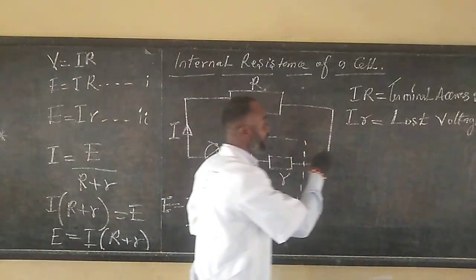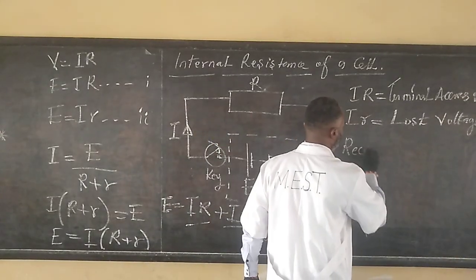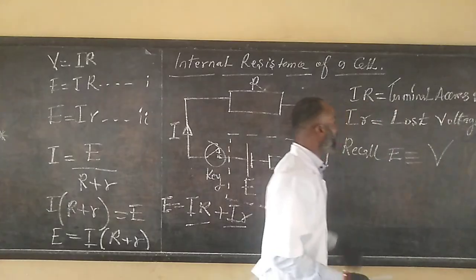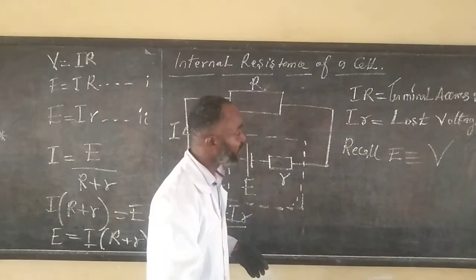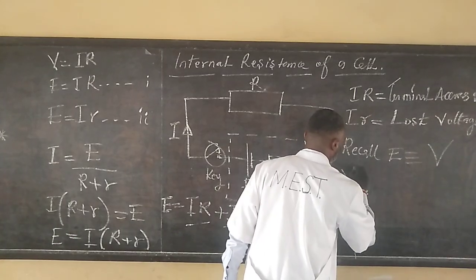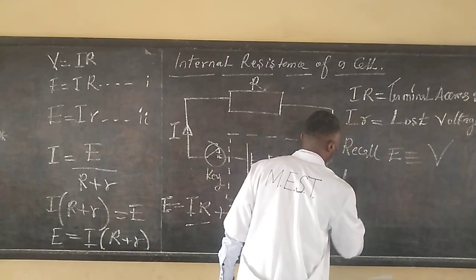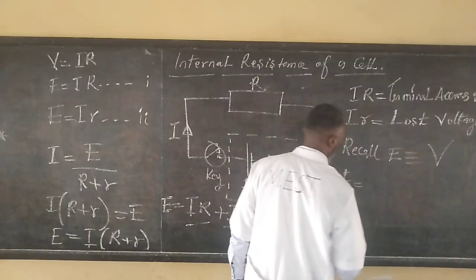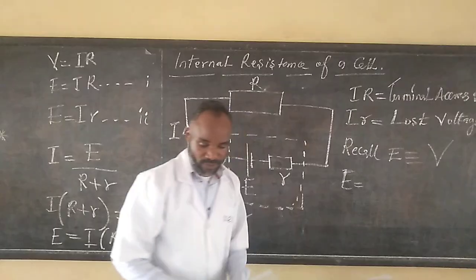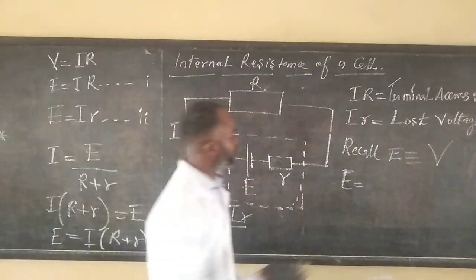If we once again recall that E is equivalent to V, we can restate our formula. Let's correct something here.